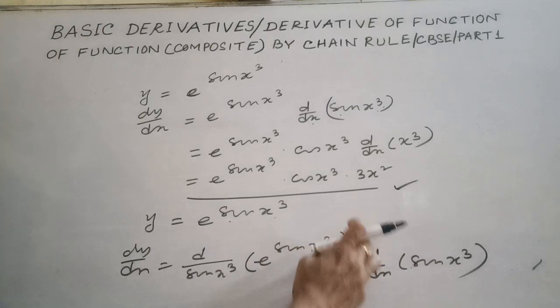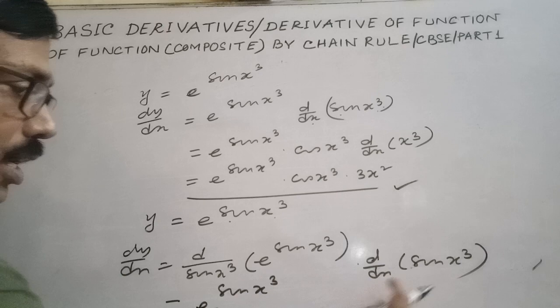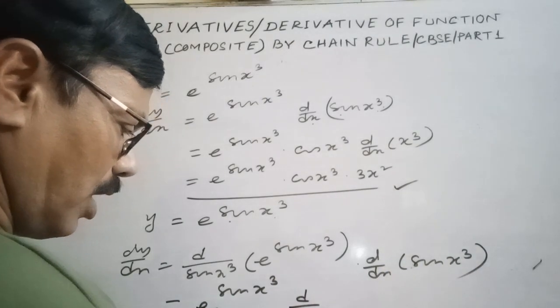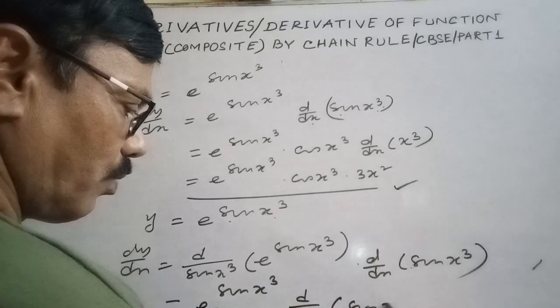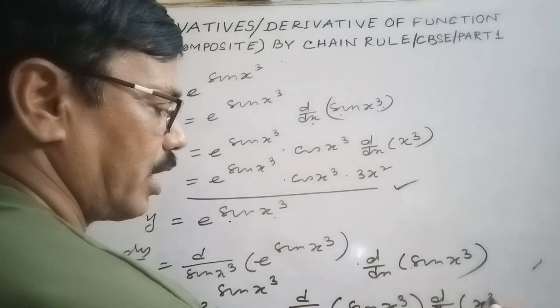So finally, d/dx of the argument. Now this and this are the same. So e to the power x, derivative of e to the power x. Then the argument is x cube: d/dx cube, sine x cube, into d/dx of x cube.